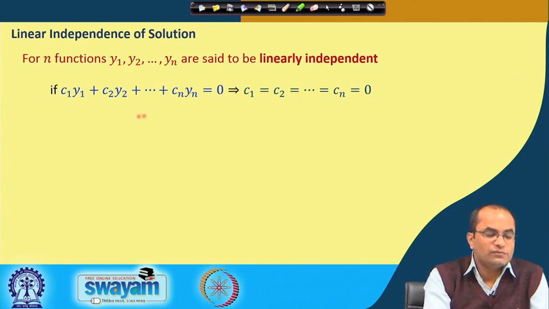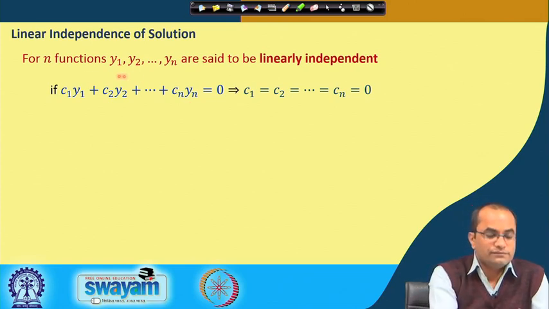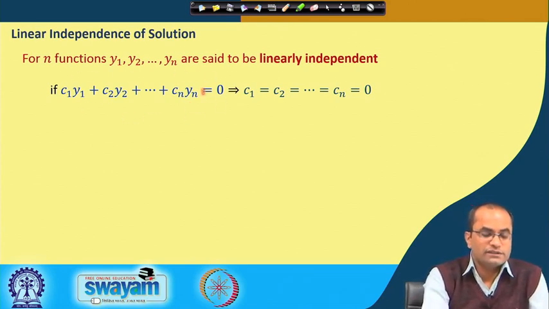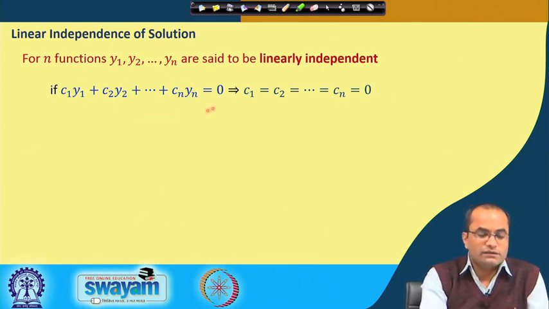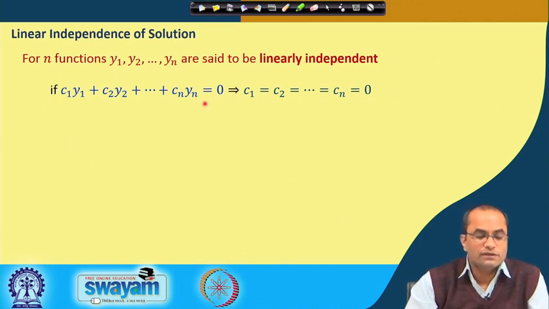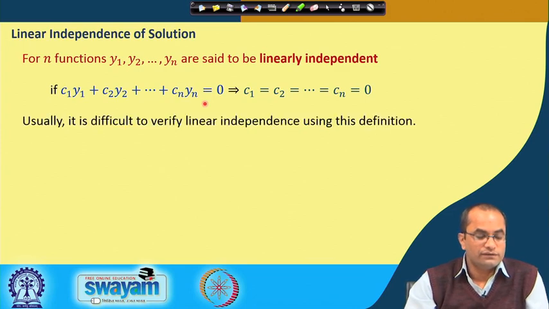If the linear combination c1 y1 plus c2 y2 plus up to cn yn set to 0 is possible only when all these c's are 0, then we call these functions linearly independent. Again, this is a very formal definition and very important: it holds for any functions, not only for 2 functions, and we can generalize it for given n functions.